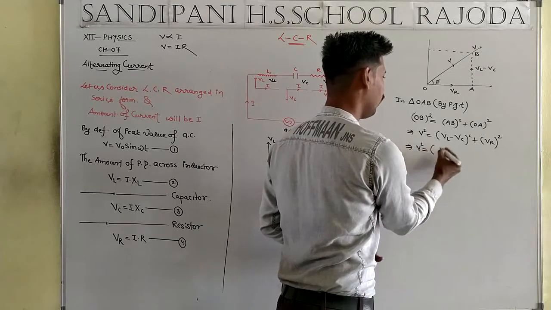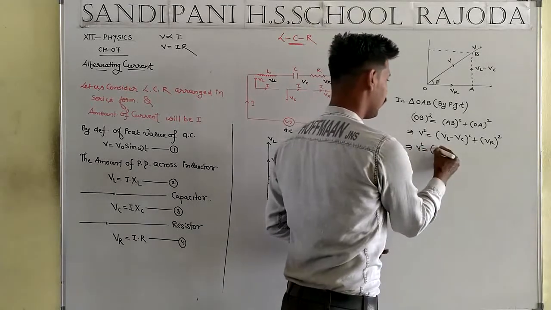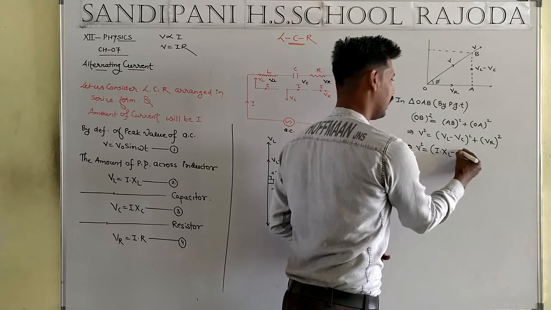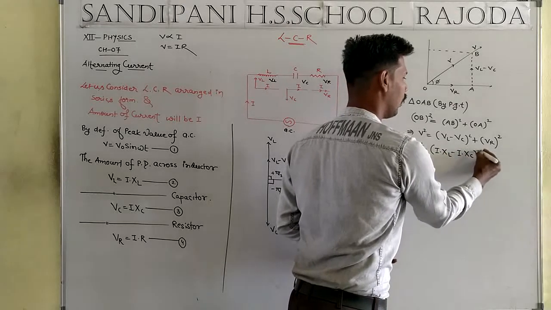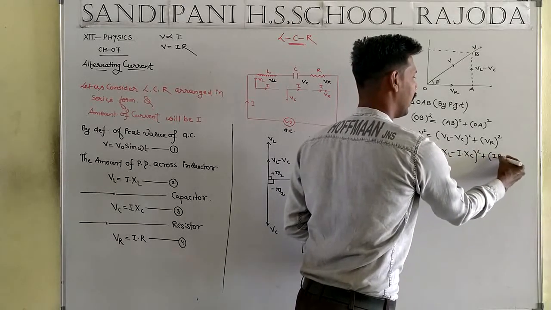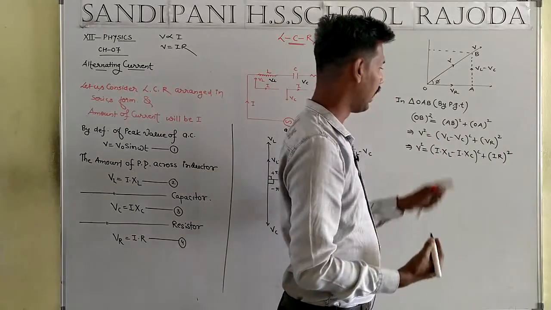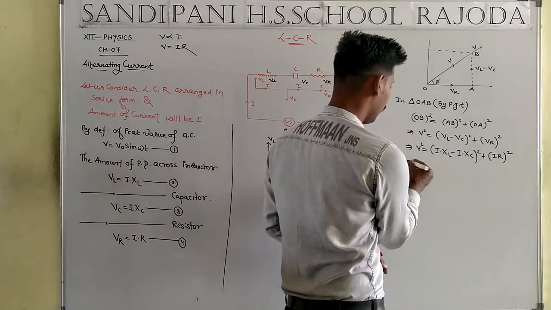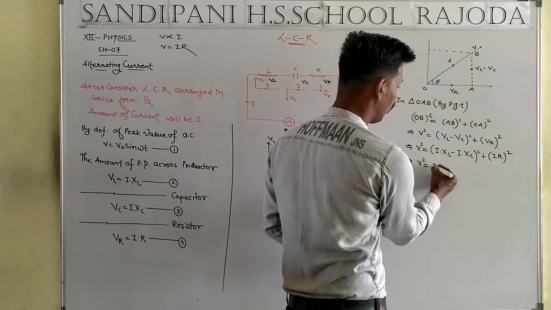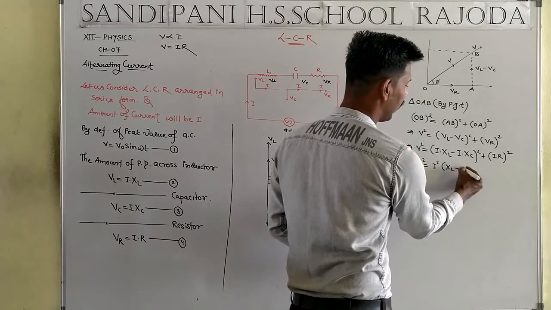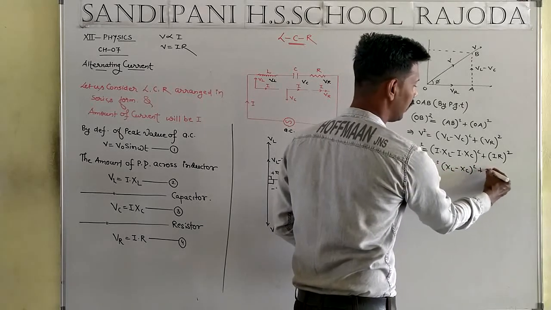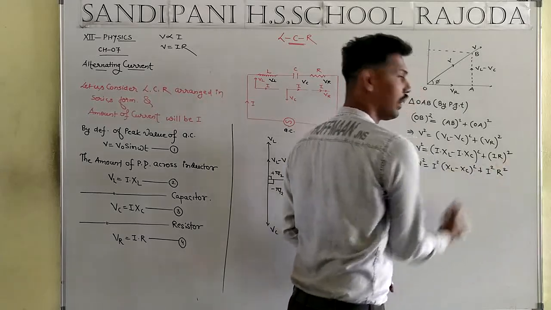The value of VL equals I XL, VC equals I XC, and VR equals I R. Taking I as common outside the bracket, we get (XL minus XC) whole square plus I square R square.